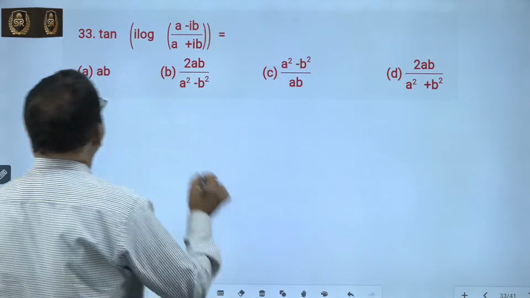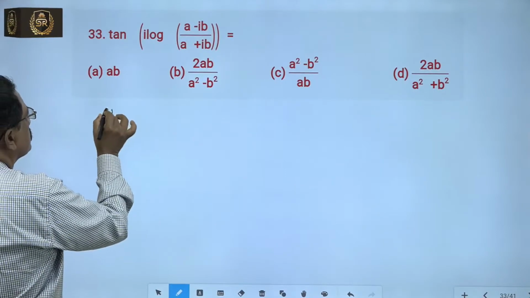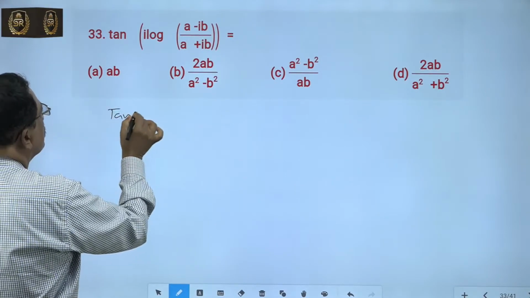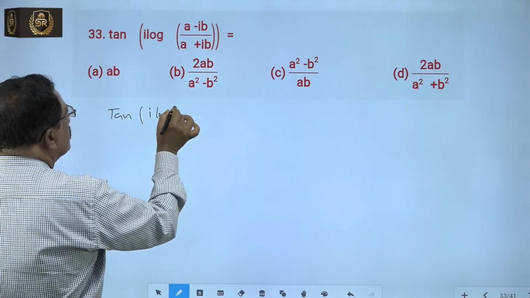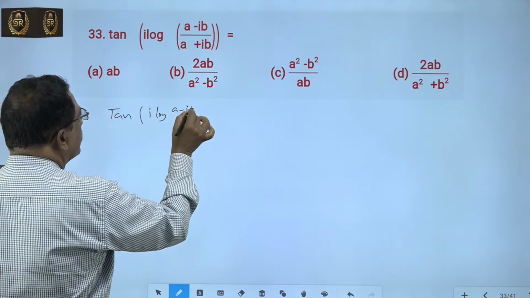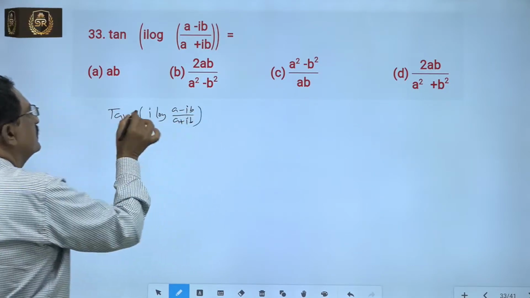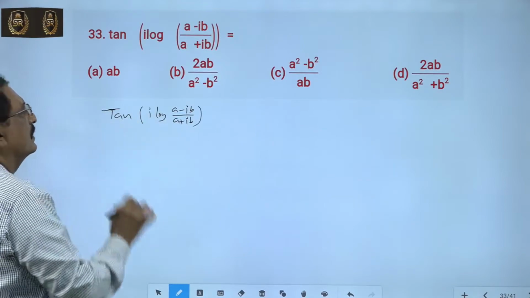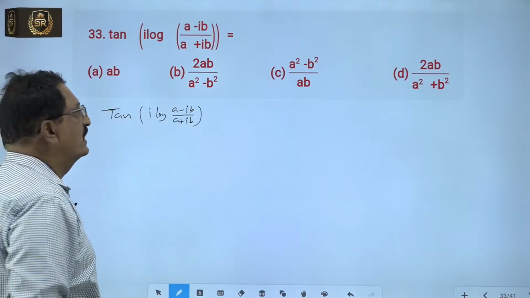Next, tan of i log of (A minus iB) by (A plus iB); we require this value.